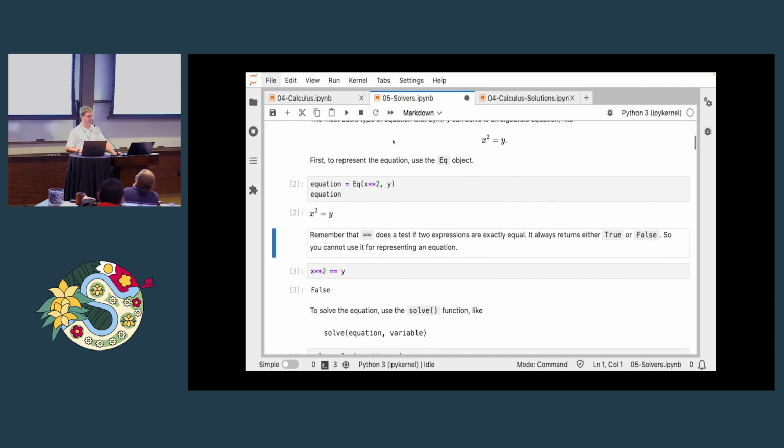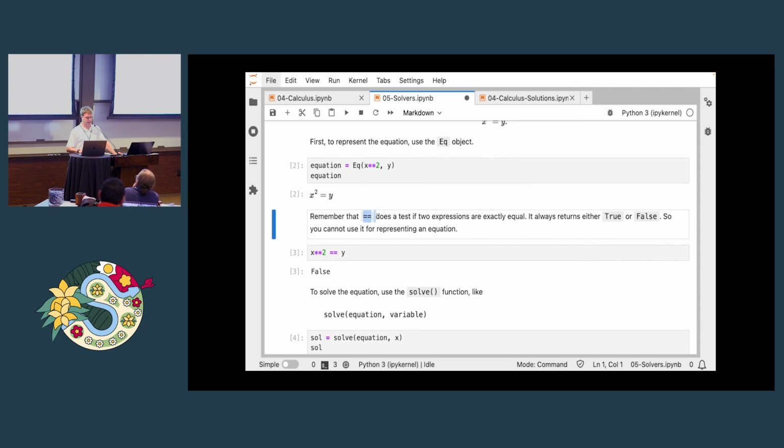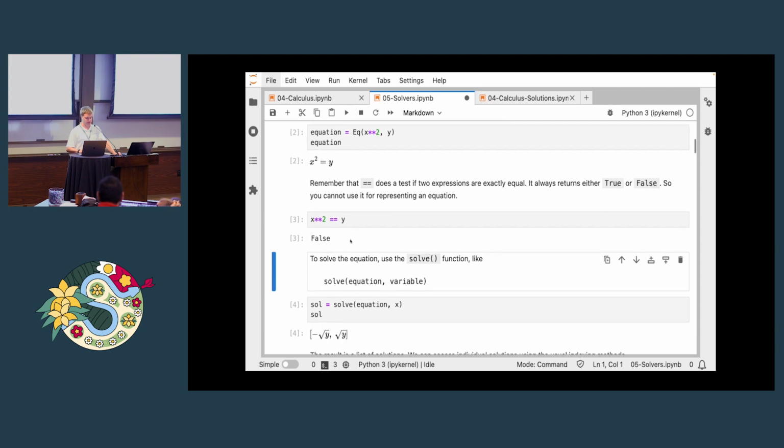This is important because the double equal sign does not represent a symbolic equation. The double equal sign is used to test if two things are exactly equal or not. So double equals is always just going to return true or false. It's not going to actually give you an equation.